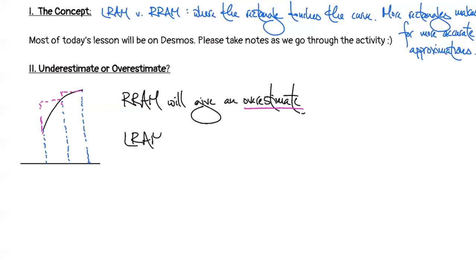What about our left approximation? Will it give us an overestimate or an underestimate? Yeah, this is going to give us an underestimate, or something where it is too little. Okay, too little.